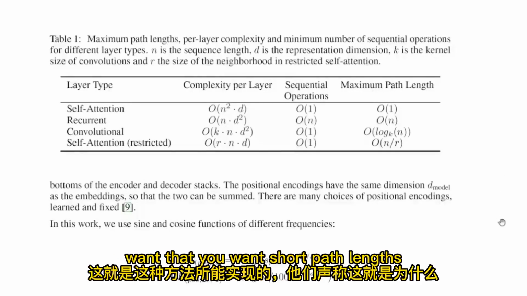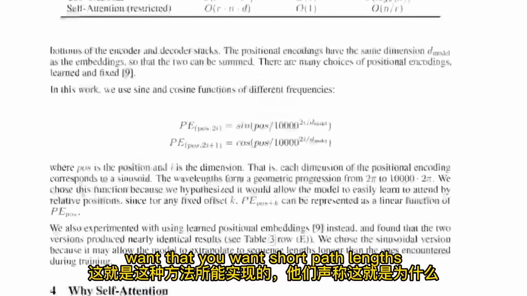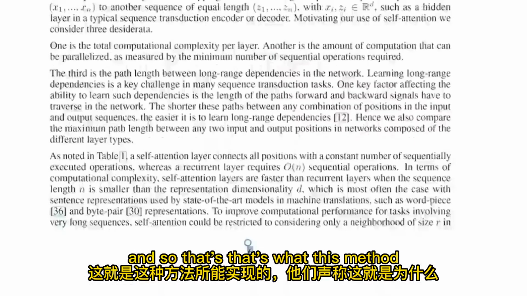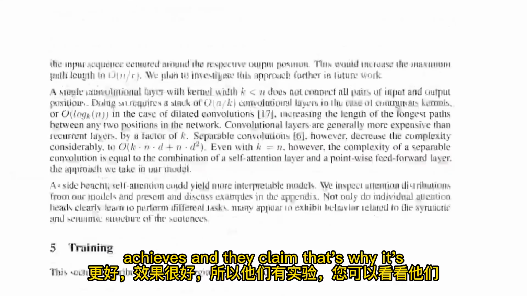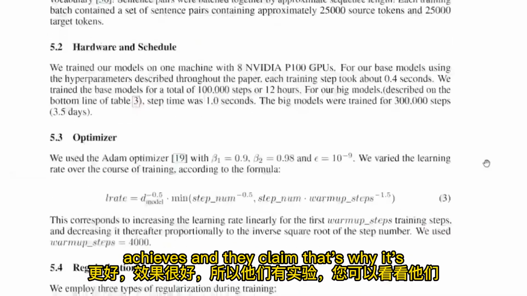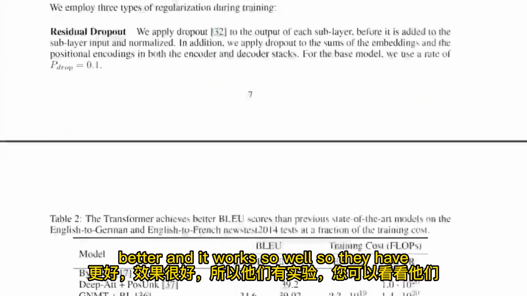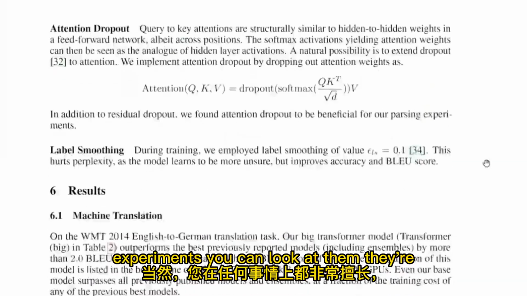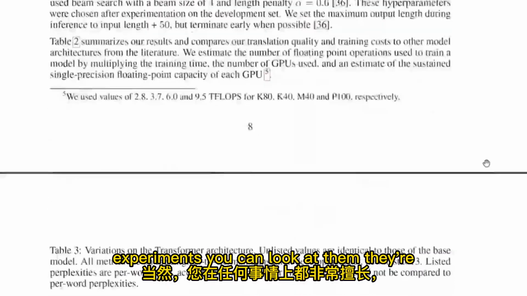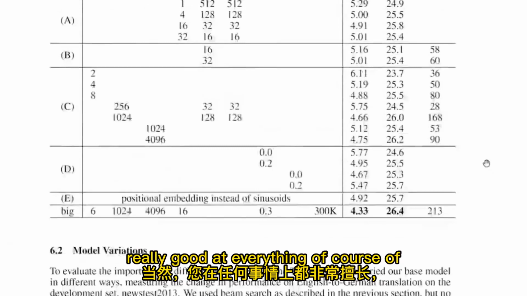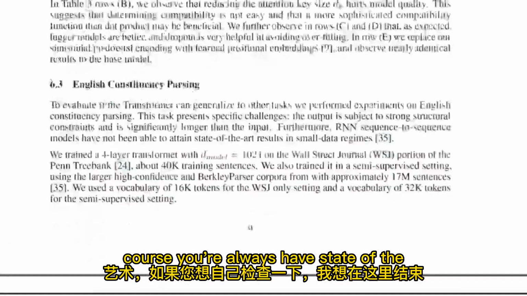You want short path lengths, and that's what this method achieves, and they claim that's why it works so well. So they have experiments. You can look at them. They're really good at everything. Of course, you always have state of the art.